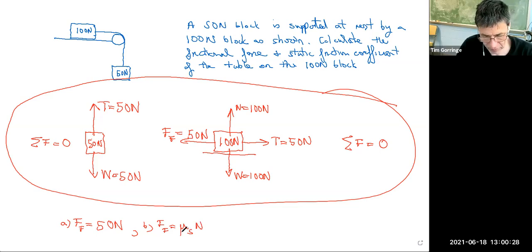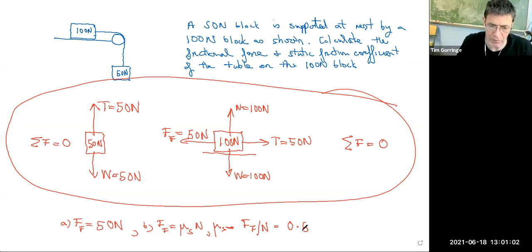And so this proportionality between friction and normal force through the static coefficient of friction allows us to calculate the coefficient of friction, mu, from the normal force and the friction force. All I got to do is divide the friction force by the normal force. That's 50 newtons over 100 newtons. I can do that in my head. That's 0.5. That's the static friction coefficient.